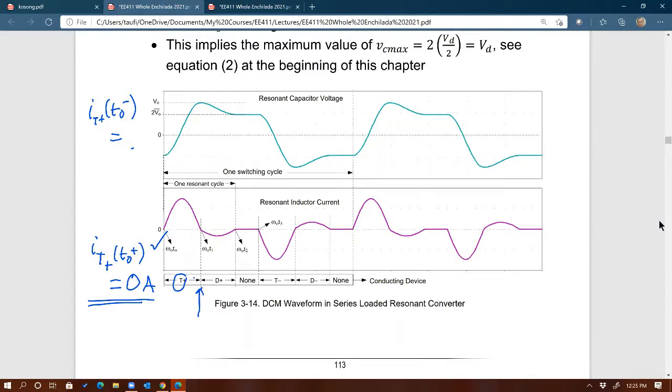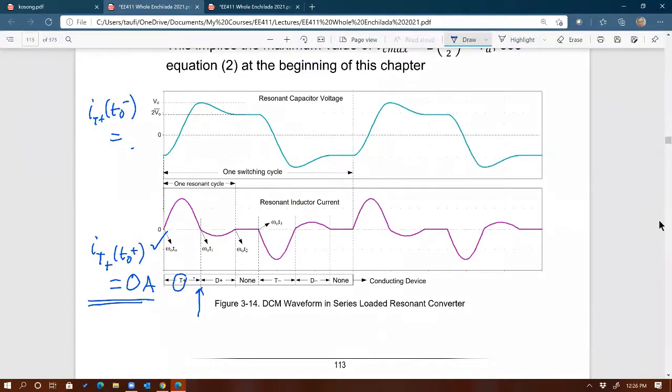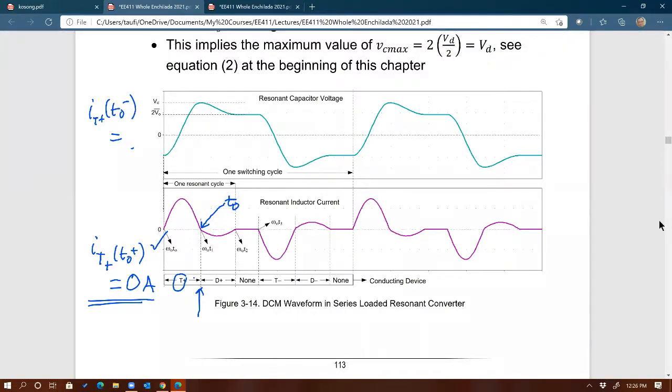Let me erase this. Again, that's our T0, sorry, that's our T0. Now, what does T0 minus mean again? It means you're going to look at the switch current, which in this case is the same as IL, because they're in series. So IL is equal to I of T plus at this point, right? They're in series.